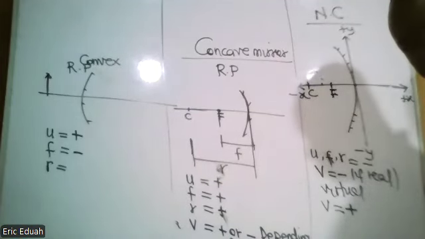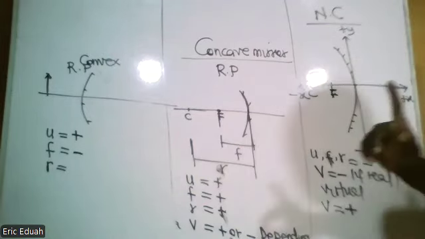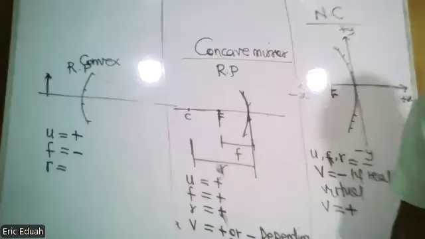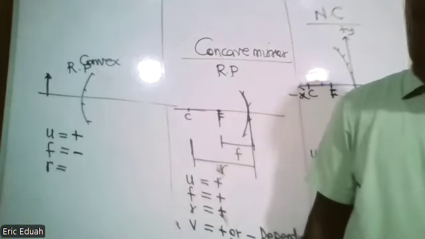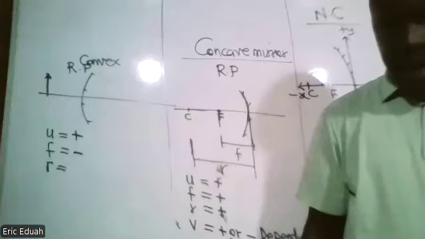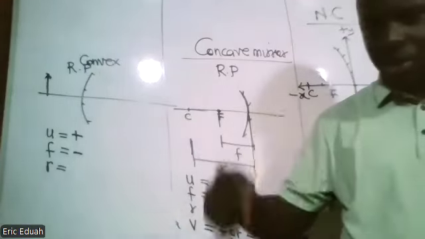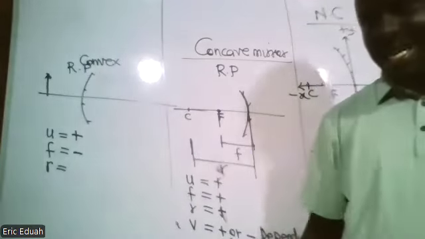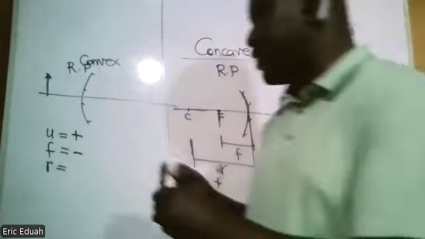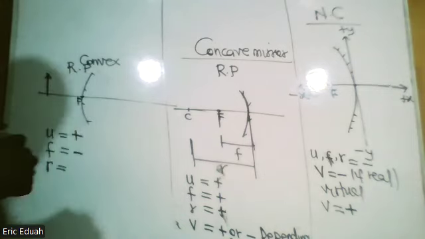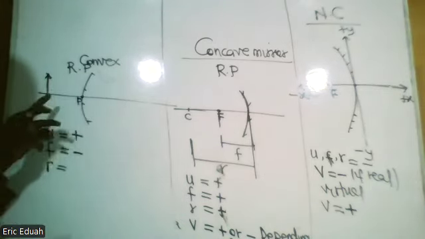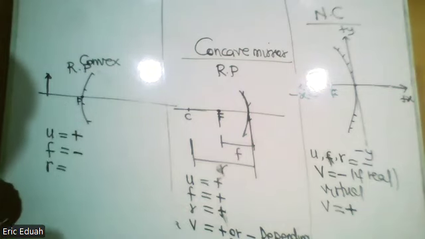Because the object is real. We are talking. Gabby, what is R? R is the radius of curvature, the distance from the pole of the mirror to the center of curvature. Okay, the distance from the pole to the center of curvature.